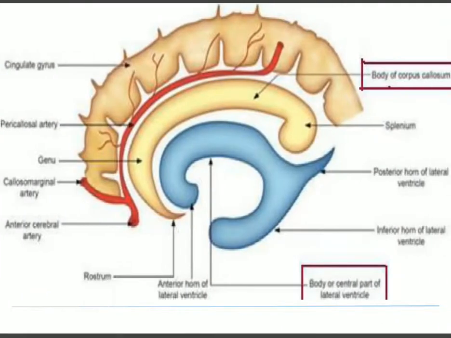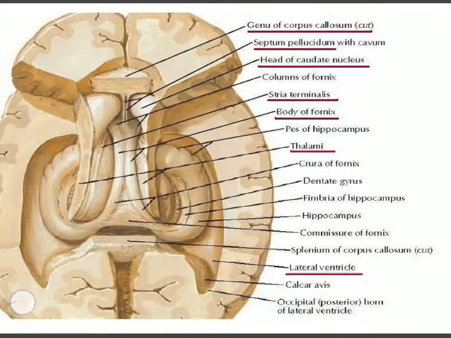In this figure, the relations of the lateral ventricle and the corpus callosum can be seen. The roof is formed by the undersurface of the corpus callosum. The floor has the caudate nucleus and the thalamus, and the stria terminalis can also be seen.